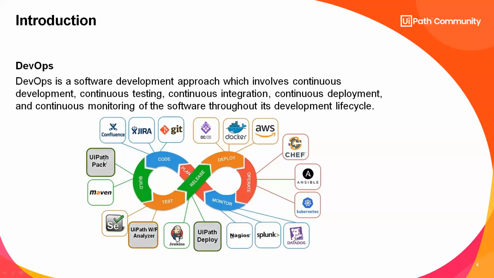But today we will focus on UiPath Pack, UiPath Workflow Analyzer and UiPath Deploy. These are the three tools from UiPath which will be helpful to us in doing automated deployments to different kinds of environments, and then to do releases to the business users.